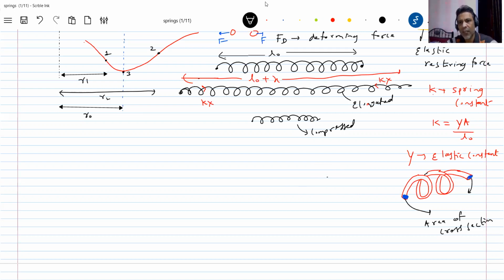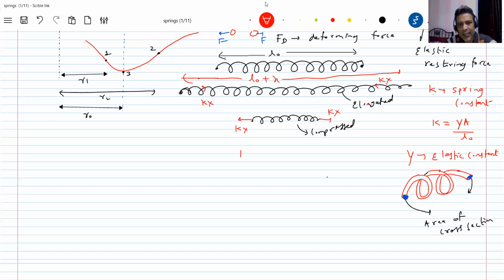Like this, we show the spring force. Similarly, if it is elongated, the spring force will act towards the center at both the ends. If it is compressed, the spring force will act away from the center of the spring. So what is the spring force?